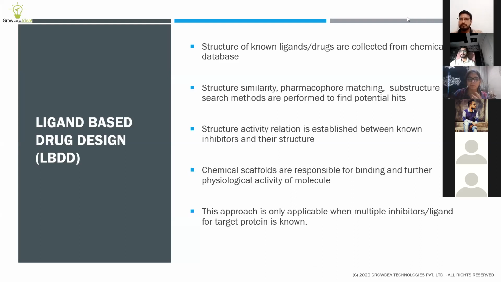We have to establish the structure activity relationship. What I mean by structure activity relationship is how the structure of a particular compound is related to its activity, so that in an unknown case, when you get a new compound and you have the structure but not the activity, you can predict its activity.